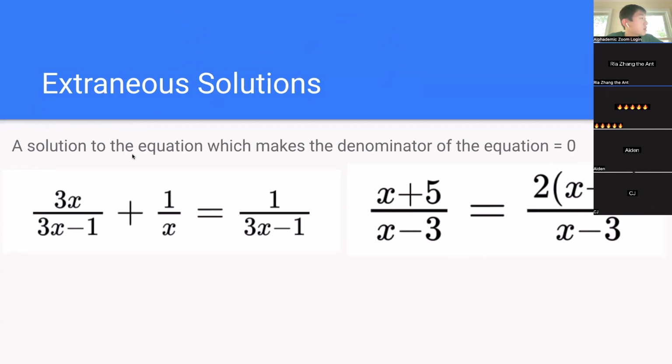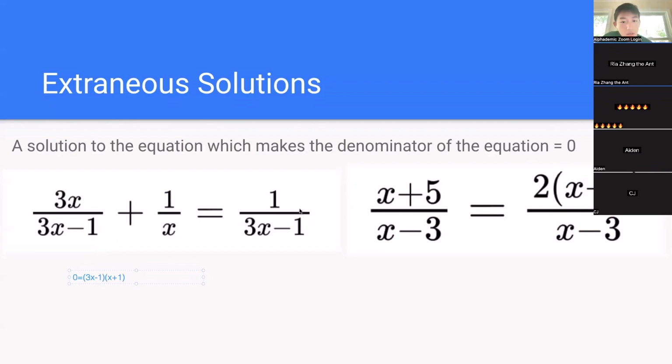Okay, so I will do the first one. For the sake of time, I'll skip most of the steps. But after some intensive solving, you would get 0 equals 3x minus 1 times x plus 1.